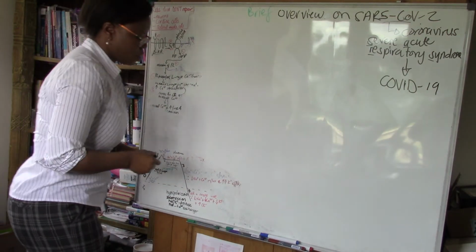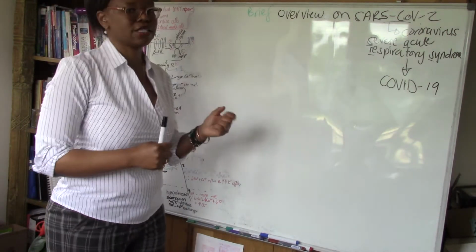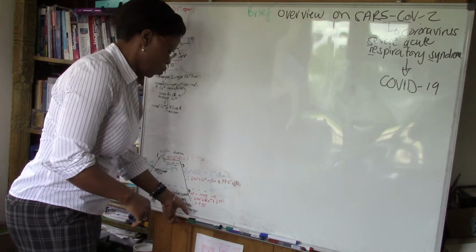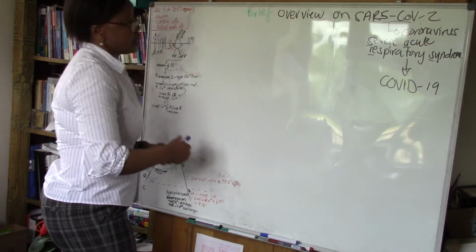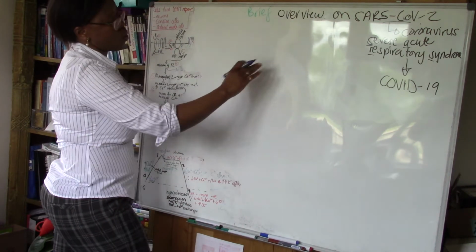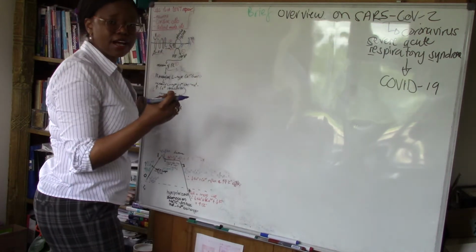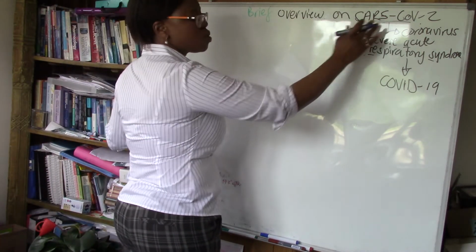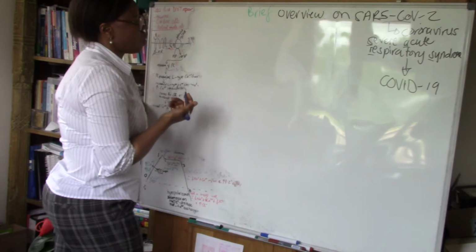And really, with the paper that I'm writing, because this is just a very, very brief overview, my interests really have been based on how the virus infects us as the host and why it's so efficient at infecting us as the host.